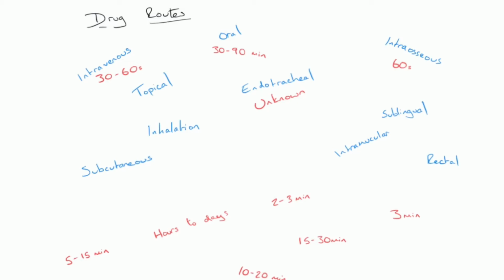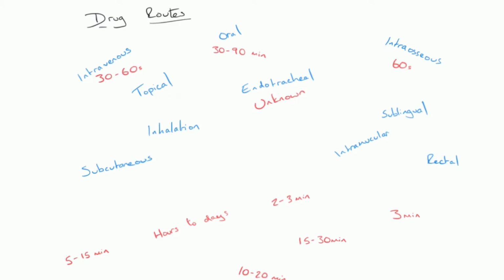So it's very unpredictable, and we're not entirely sure consistently how long it takes to be absorbed when we give it this way. So it's not an ideal way of giving it, but it's historically been used a lot in people's practice, and people still refer to it quite a lot now.